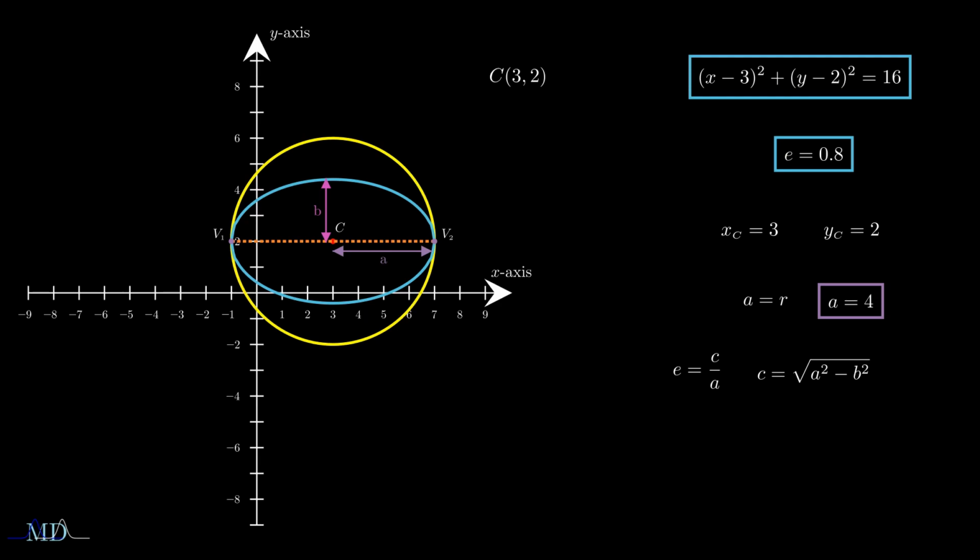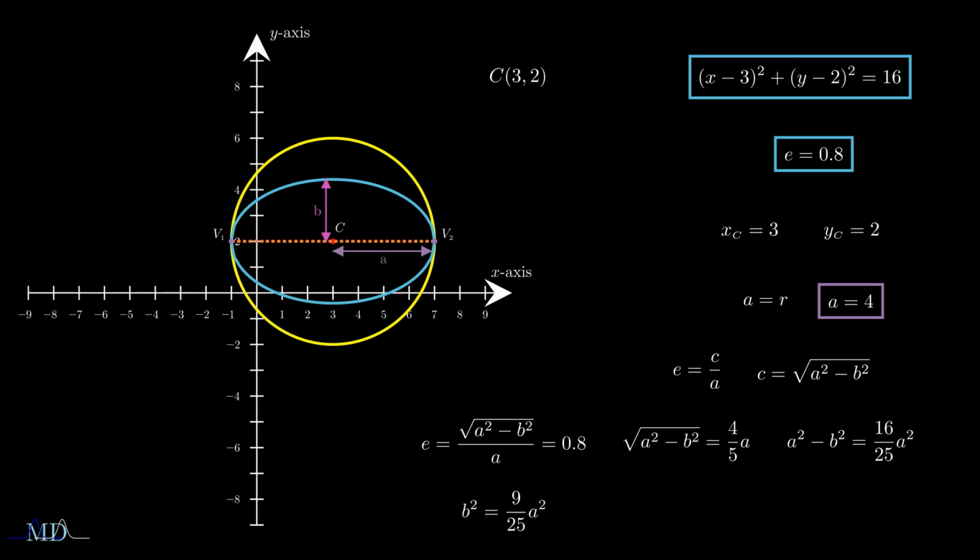So the eccentricity, that is worth 0.8, or 4/5 as a fraction, is equal to square root of a squared minus b squared over a. So a squared minus b squared equals 16/25 a squared. Therefore b squared equals 9/25 a squared, and b equals 3/5 a.